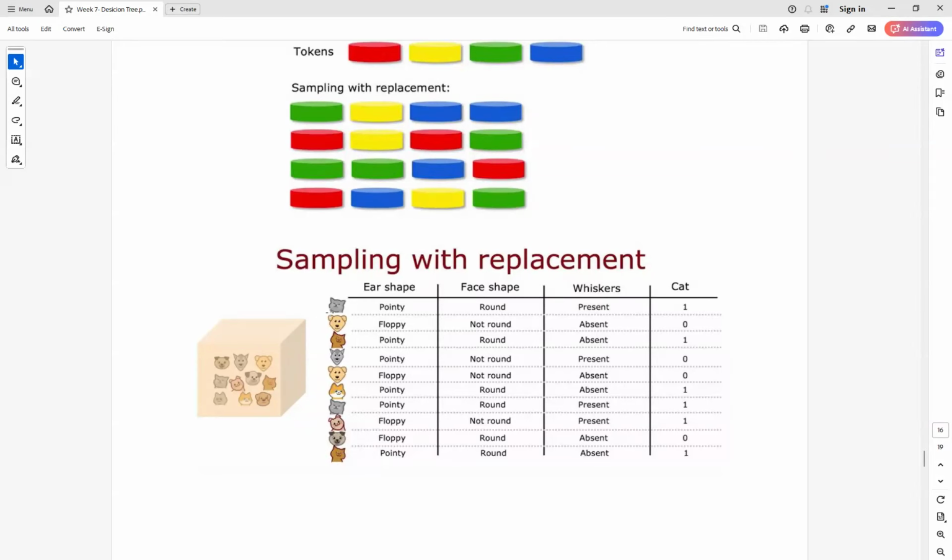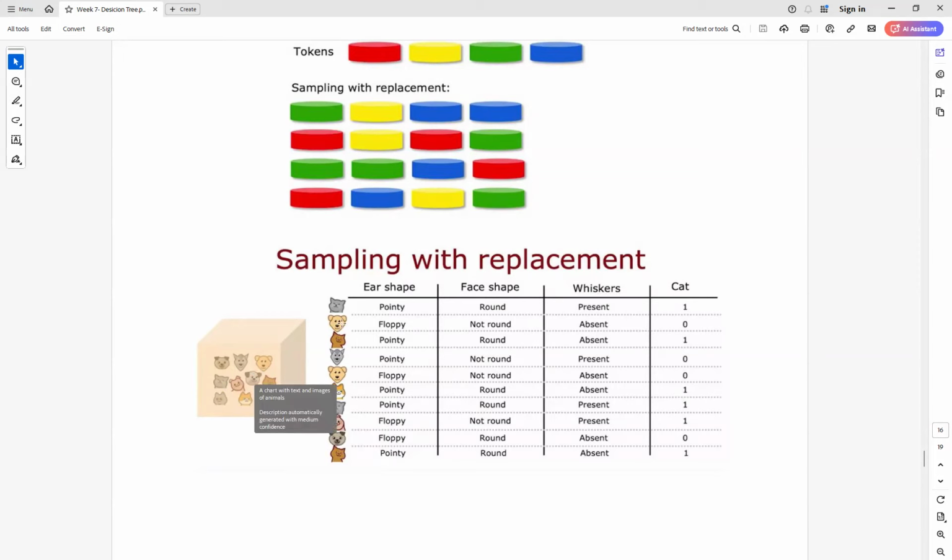For example, for the first sampling, you put 10 animals in this virtual bag and then pick one. Let's say this is the one with pointy ear shape, round face shape, and whiskers present, right? And then put it back into this virtual bag, and pick another one.